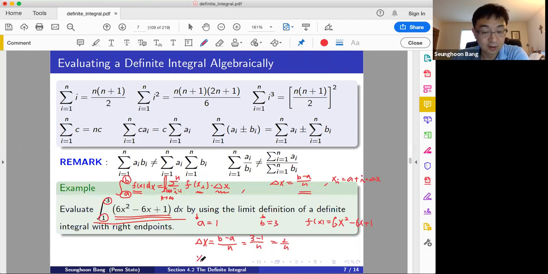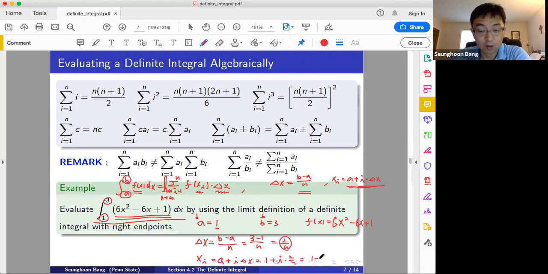What is x_i? Do you know x_i? x_i is here, a plus i times delta x. So a is 1 plus i times delta x. Delta x is 2 over n.